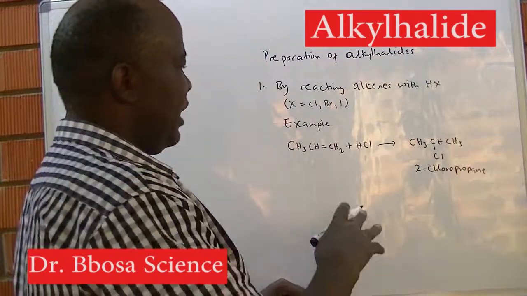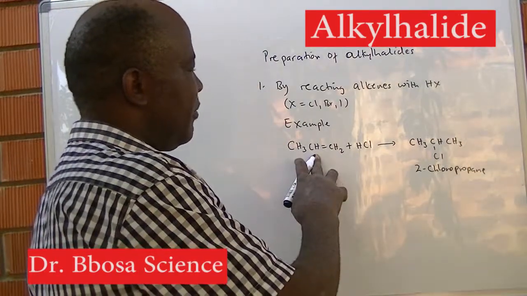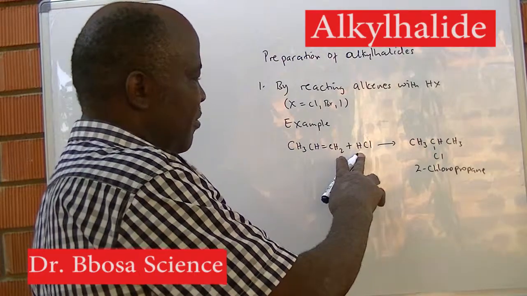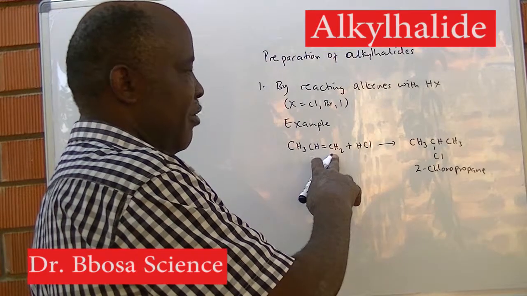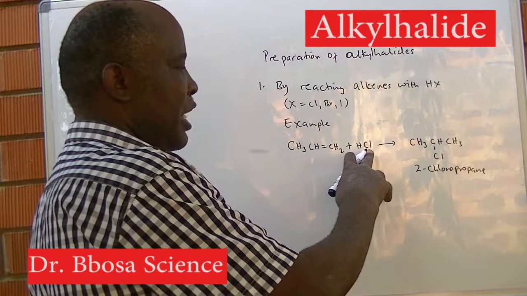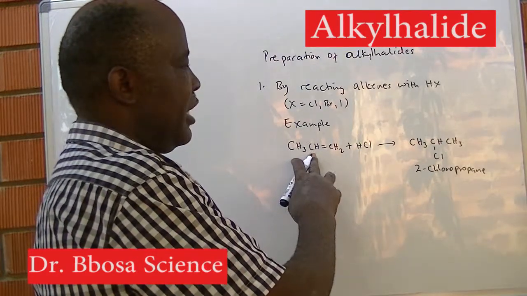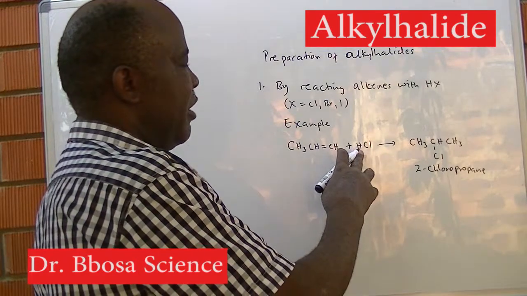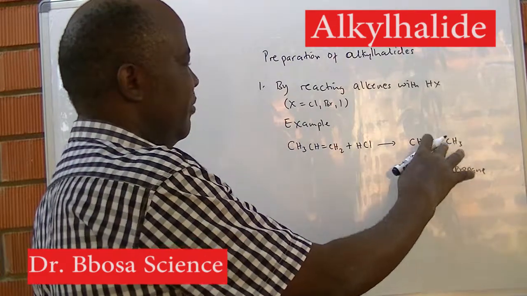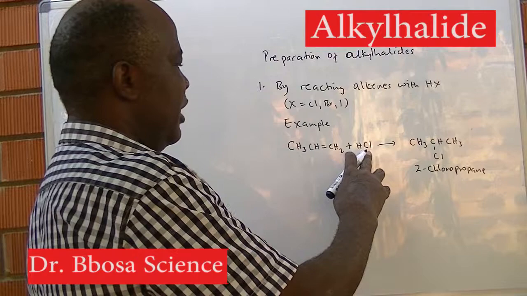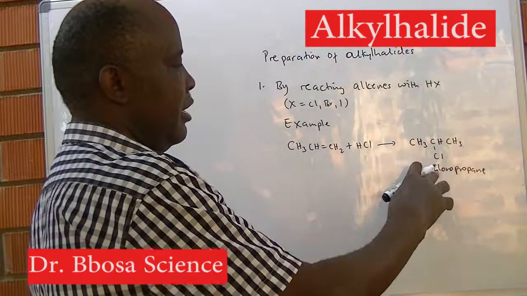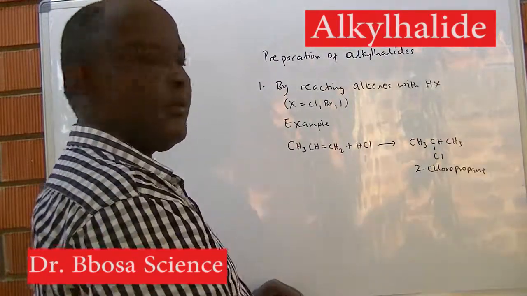Remember that when HX adds across a double bond, the hydrogen atom goes to the carbon atom with the highest number of hydrogen atoms. The chlorine atom goes to the carbon atom with the least number of hydrogen atoms. So when hydrogen adds here, you get CH3. When chlorine adds here, you get 2-chloropropane.